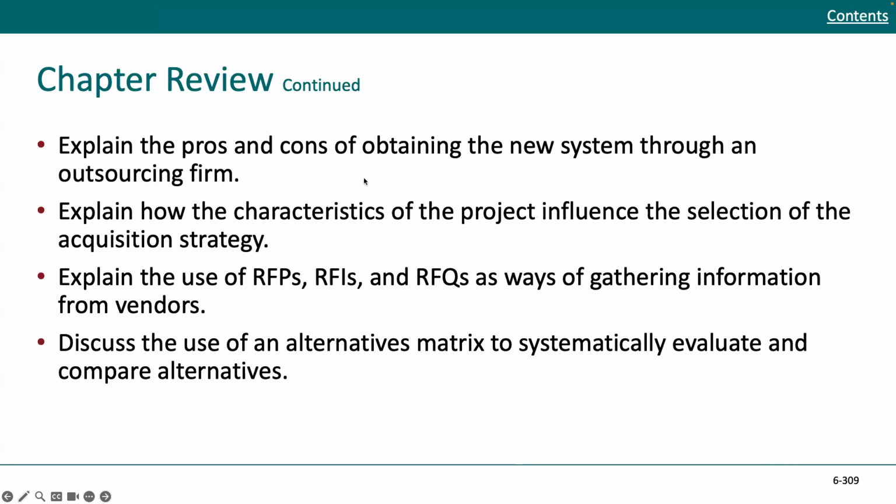And we looked at the pros and cons when looking at a new system through an outsourcing firm. We explained how the characteristics of the project influence the selection of the acquisition strategy. We explained the use of RFPs, RFIs, and RFQs as a way of gathering information from vendors. And we discussed the alternative matrix to systematically evaluate and compare alternatives and make a recommendation with all of those details that we have formulated.